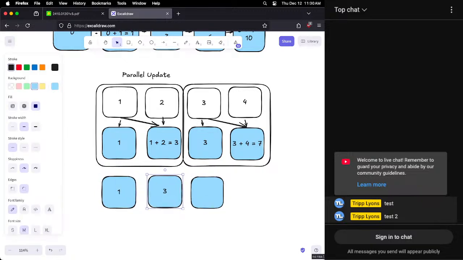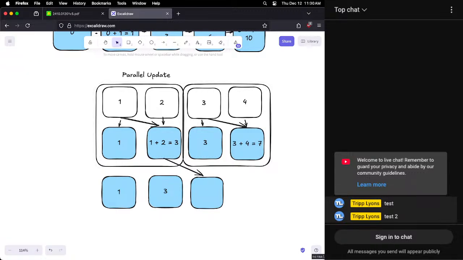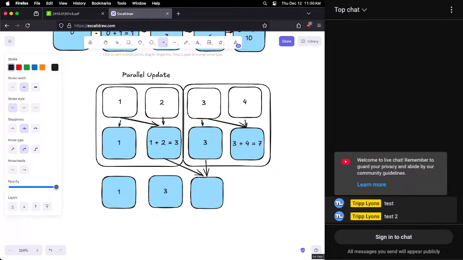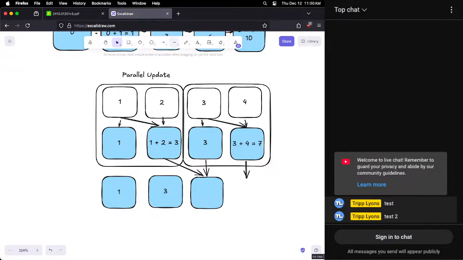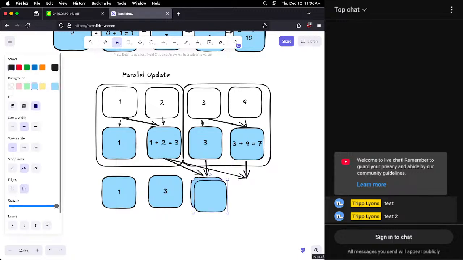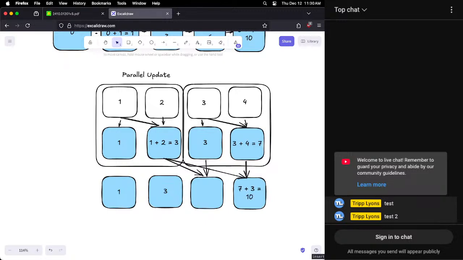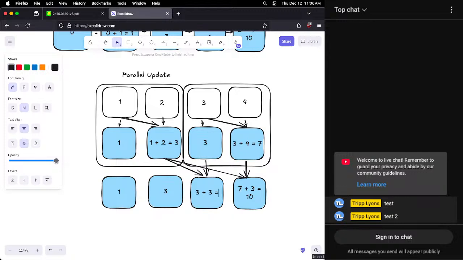We could take the last part of the group, which has all the information of everything in the group, and combine it with everything in this group. So we get 3, we have to add the 3 to it. 7 plus 3 gives us 10. This 3 plus 3 gives us 6.